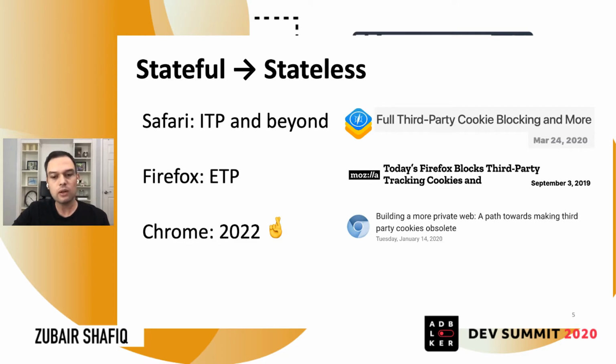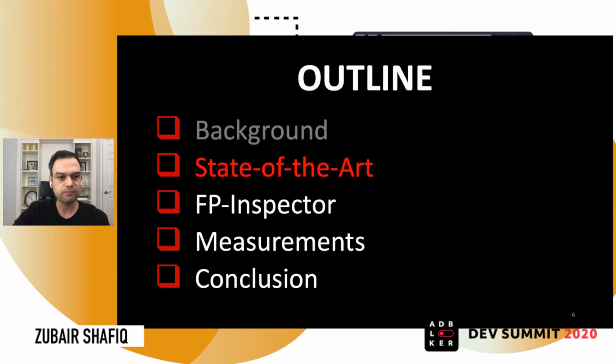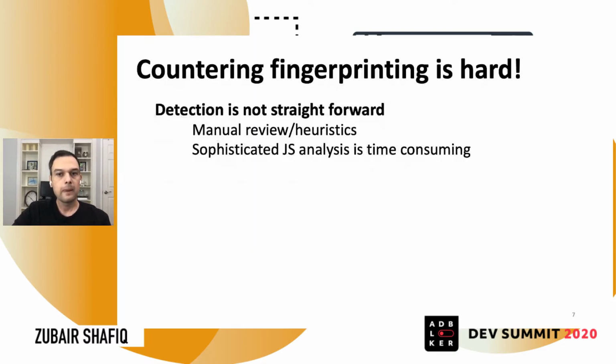So next, let me talk a little bit about some of the issues with existing state-of-the-art countermeasures against browser fingerprinting. Cookies are rather straightforward to detect and block, because they're right there in the browser. However, it is not that straightforward to detect and block fingerprinting, because you need to do sophisticated static or dynamic analysis of JavaScript, which has implemented the fingerprinting logic.